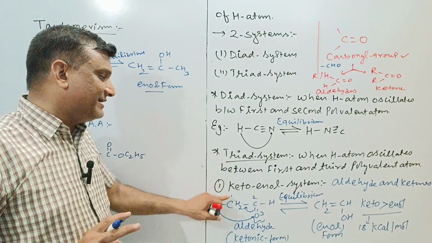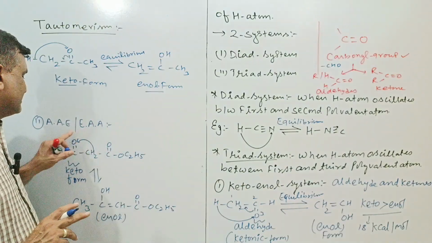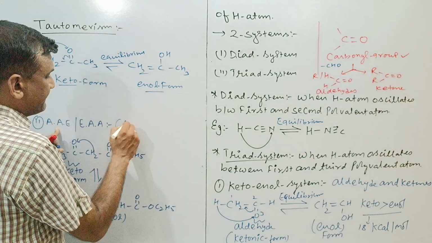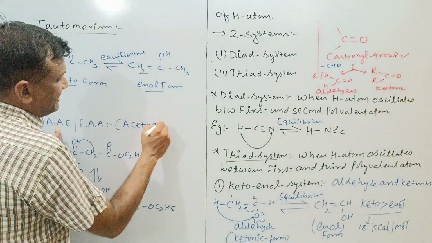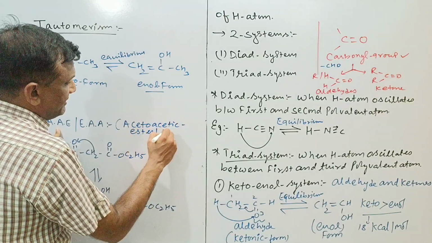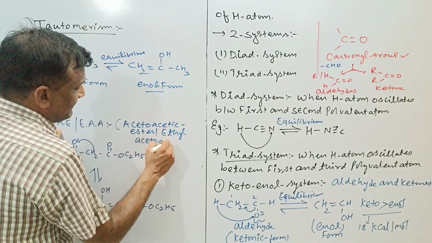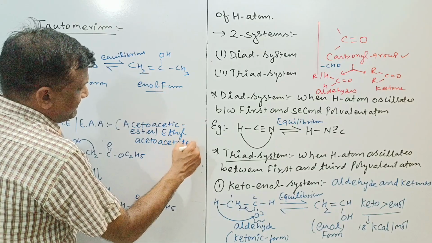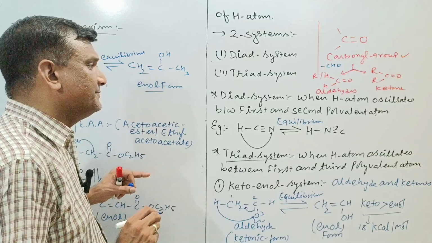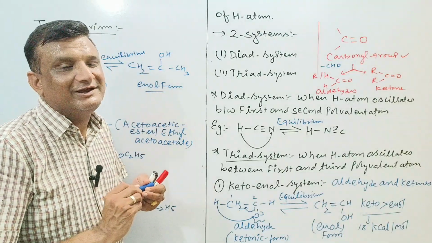For the triad system, we can take the keto-enol system of aldehyde and ketone, and another example is AAE, meaning acetoacetic ester, or ethyl acetoacetate. Both are important for class 11th and competition exams also. So this was about keto-enol isomerism, or tautomerism.